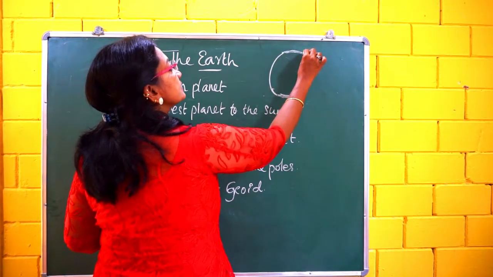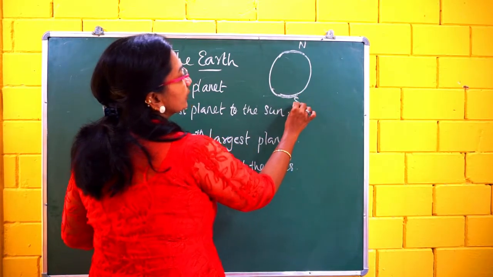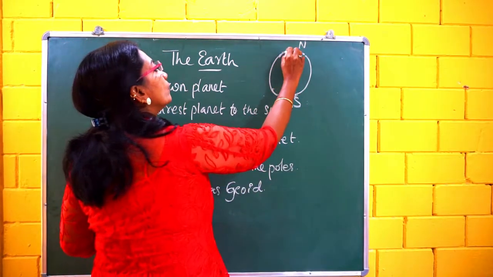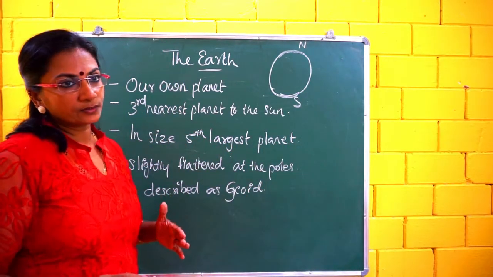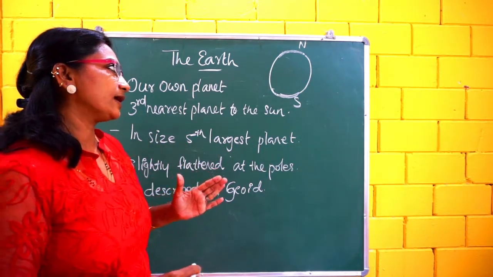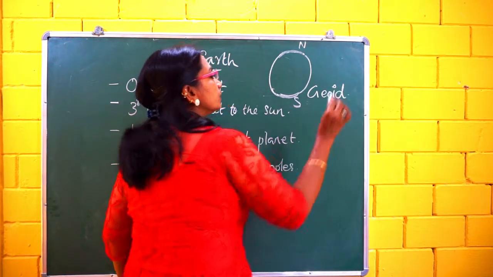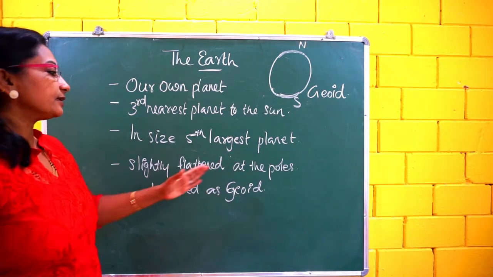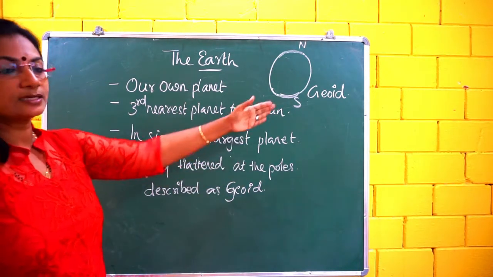It is not a correct circular shape. At the pole side, this is the north pole and this is the south pole, and at both poles the shape of the earth is flattened. Got it? This shape is called a geoid. So it is described as slightly flattened at the poles, and so the shape of the earth is described as geoid.